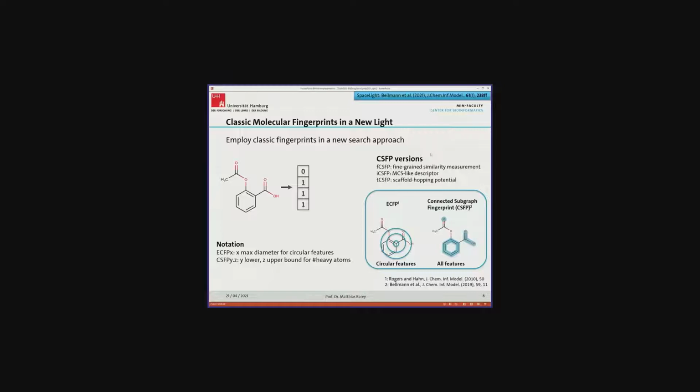We have a different variant of that, which is called a CSFP, a connected subgraph fingerprint. The difference between these two is that ECFPs are purely radial, so they always go spherical around one atom, and the CSFP creates all kinds of substructures, which has some advantages on the methodology level. And of course, the set of features is much richer with such a fingerprint.